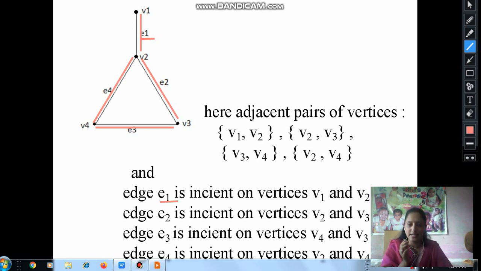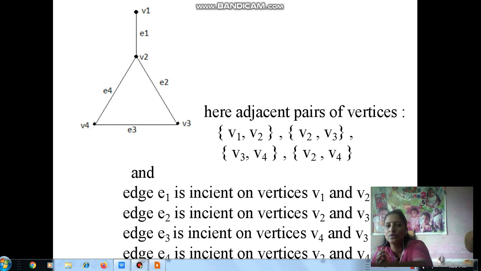E3 is incident on vertices V3 and V4. And E4 is incident on vertices V2 and V4, since V2 and V4 are the end vertices of that edge E4. Do you understand the concept of adjacency and incidence? Now, go to the next concept.